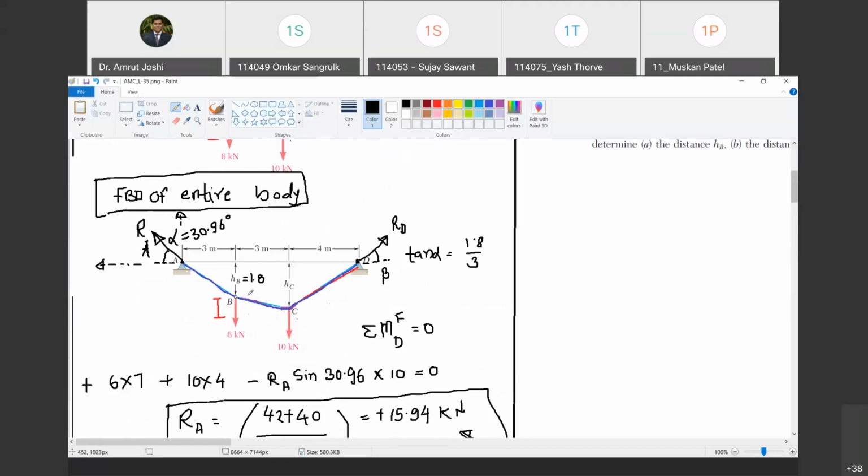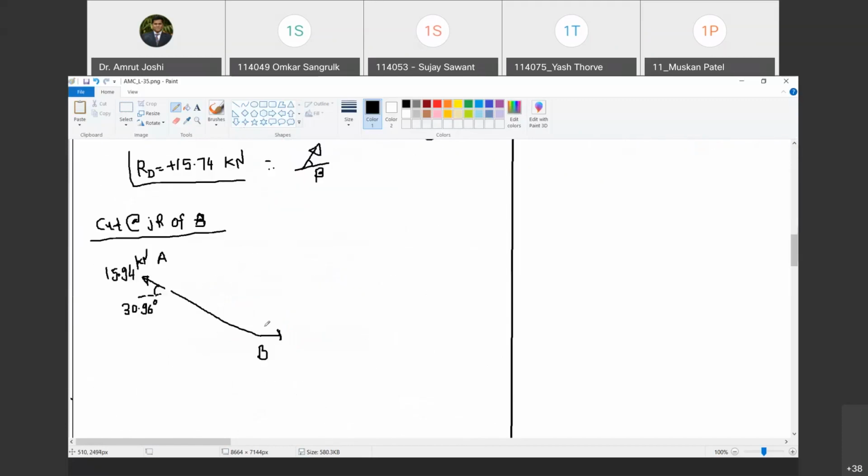And as I have given the cut just right of B, I will be able to see this 6 kilonewton in this free body diagram. Do you agree with me? Yes, sir. So I have to show that 6 kilonewton. So let me show that. This is 6 kilonewton. Happy? Yes. What else will be seen?